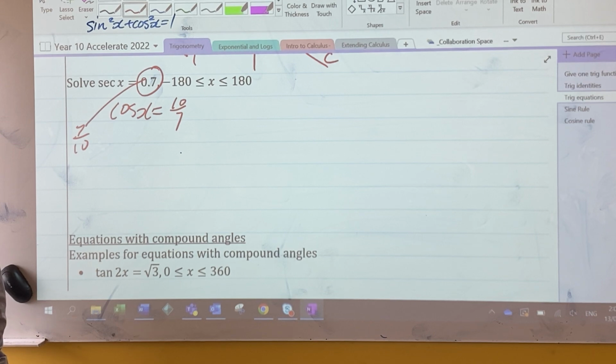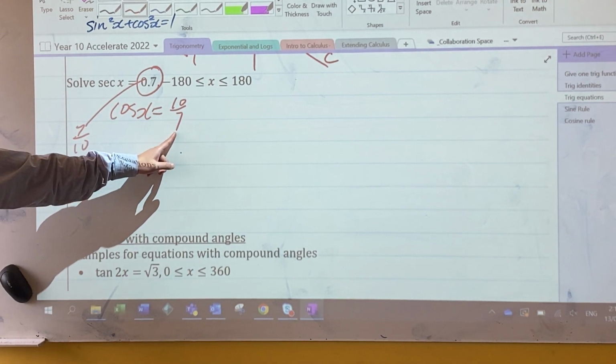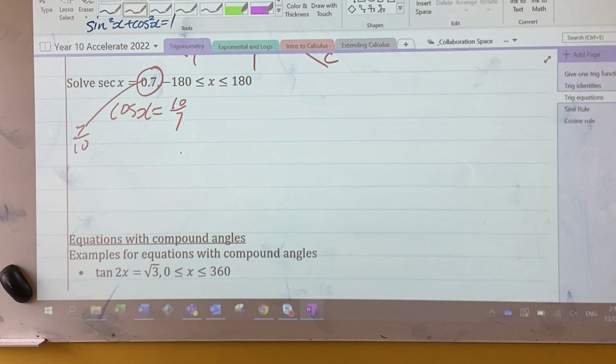It's a positive number, a fraction. More than that, think about the range of a cosine graph. It's more than one. Perfect. So, no solution. It's not possible. We keep saying that for sine and cos, the range is from minus 1 to 1. This one is already bigger than 1. So, no solution.